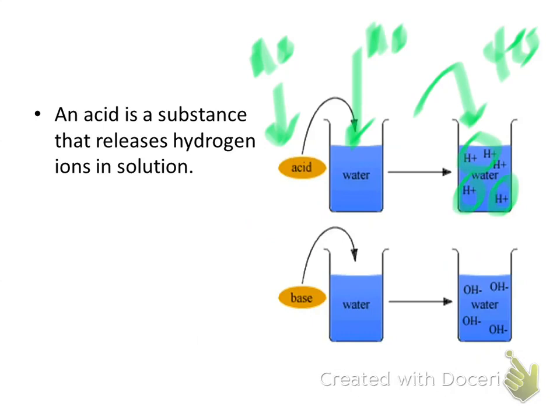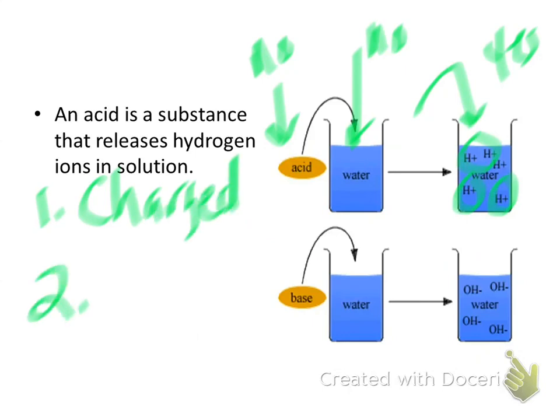In order for something to conduct, you have to have 2 things in place. One of those things is you must have charged particles, and the other thing is those particles have to be able to move. So an acid in its pure state is neutral. The hydrogen and the chlorine here balance one another out, and so the sum of the oxidation numbers is 0.